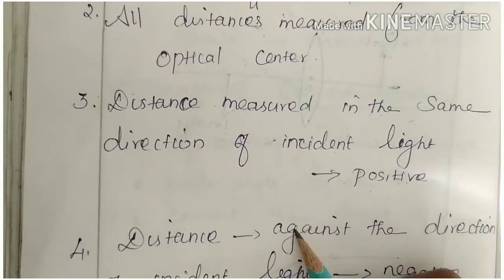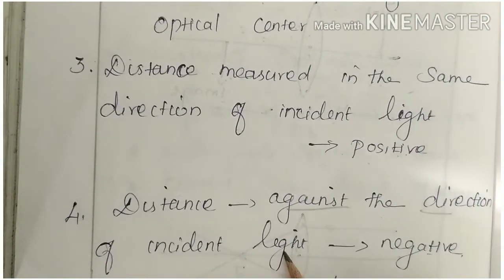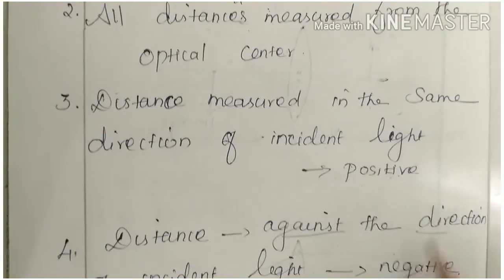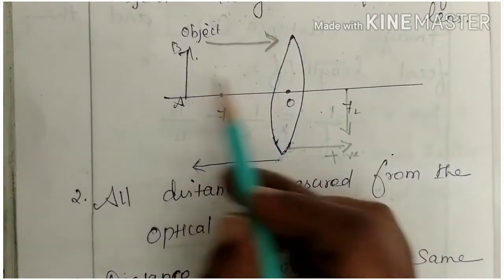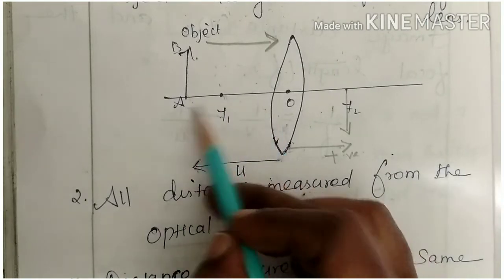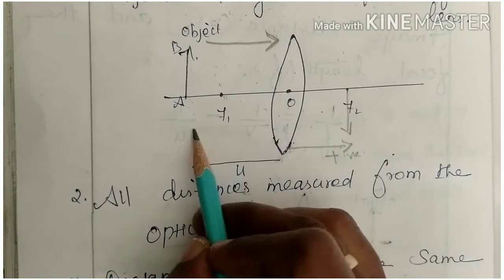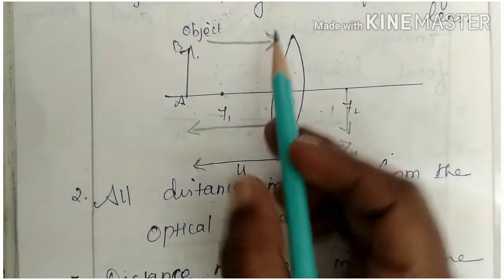Next is just the opposite: distance measured against the direction of the incident light is taken as negative. Suppose we want to measure the object distance. From where to where do we measure? From the optic center to here. This direction is just opposite to the direction of the incident light.